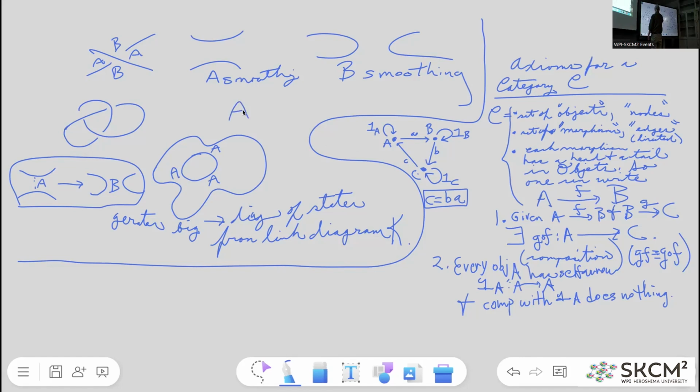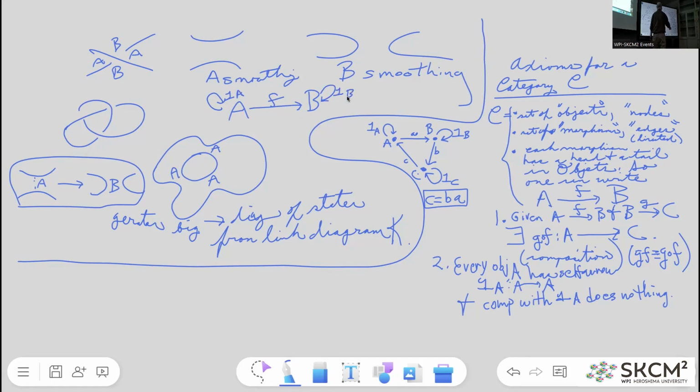An object A. I have the identity morphism for A, the identity arrow for A, and then this goes to B by F. And then I have the identity arrow for B as well.